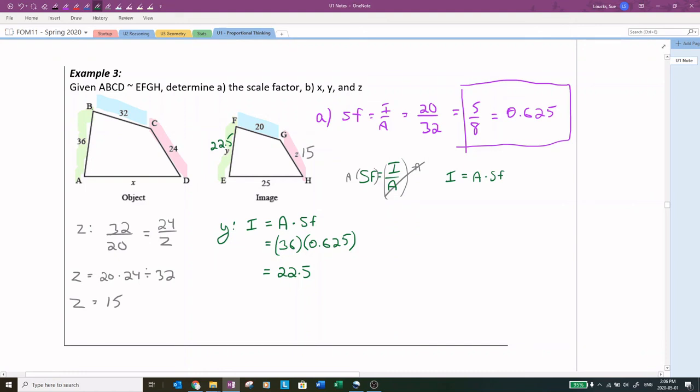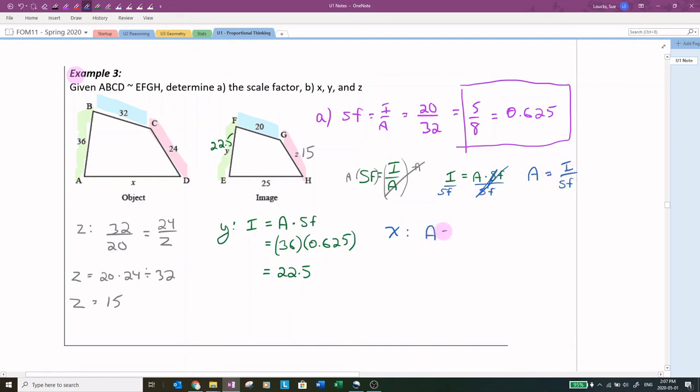That works. All right. Now for x, this time we're looking for the object or the actual size. So we're going to go back to our equation here, and if I divide this side by scale factor and I divide this one by scale factor, those scale factors cancel out and I get actual equals image divided by the scale factor.